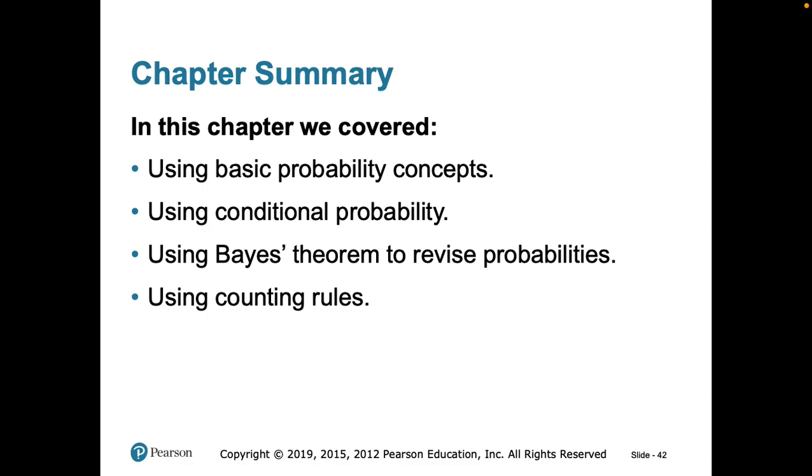We used conditional probability: what is the chance of this happening if this has already happened? We talked about Bayes' theorem, that's when you get new information and you need to revise your probabilities. And finally, we talked about those counting rules. Remember those 5 counting rules. Go over them, make sure you understand them and you know how to use them. All right, reach out if you have any questions.